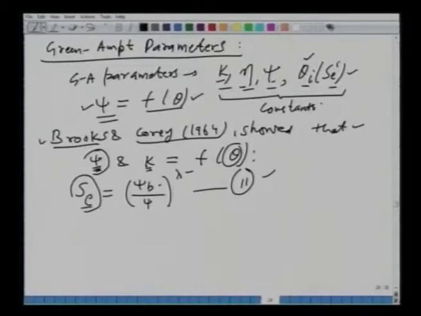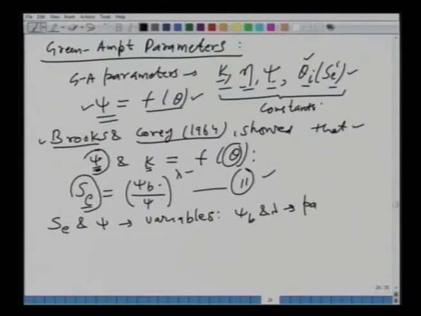As it is easy to see that SE and psi are your variables, okay, and which relate basically your suction with the theta, and your psi b and lambda are the parameters of this Brooks and Corey relationship, all right, which are constants.